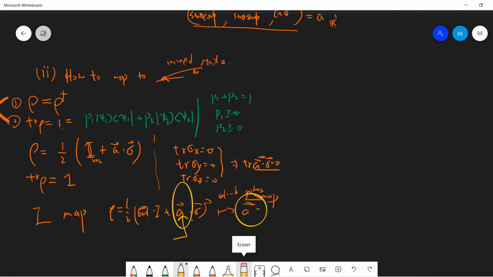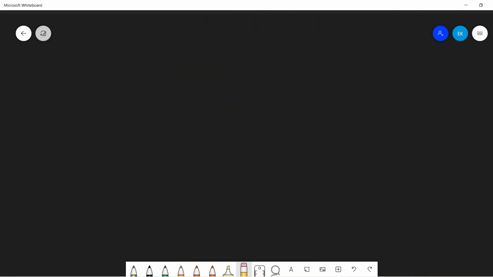The third property is that I want to prove probably the most important theorem of the Bloch sphere. Suppose somebody gives you a state and you don't know whether it's mixed or not. You map it into a.